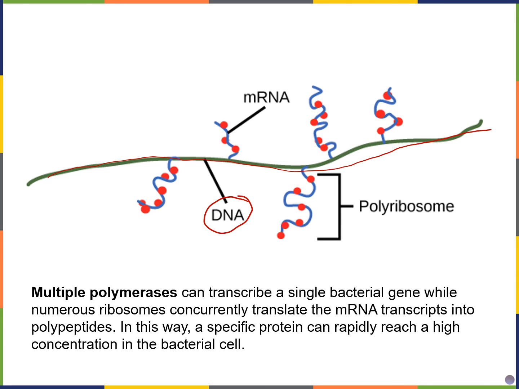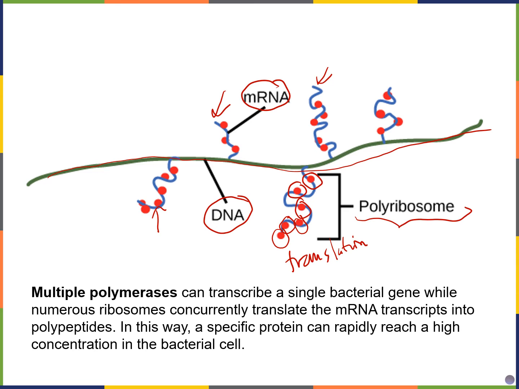And then it looks like it's not shown, but we have RNA polymerases that made the blue squiggly lines, which are our messenger RNAs. And at the same time, we have ribosomes, the red, that are bound to the messenger RNA and they're going to be starting the translation process. If you have multiple ribosomes on a messenger RNA molecule, we call that a polyribosome.